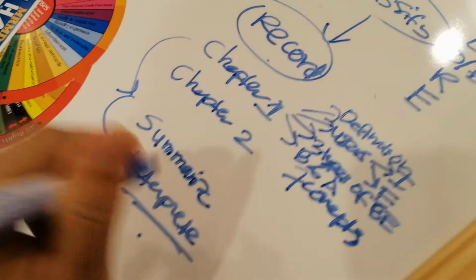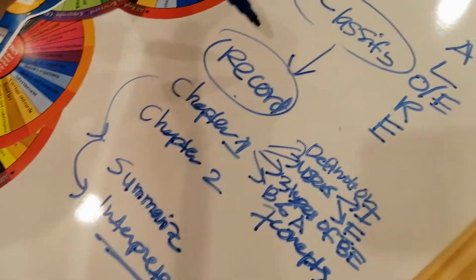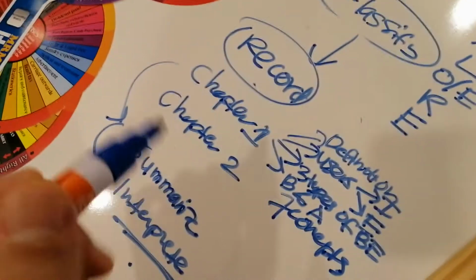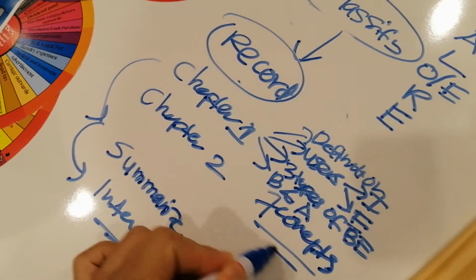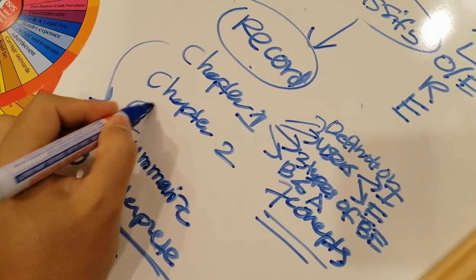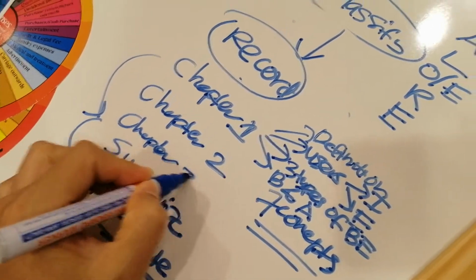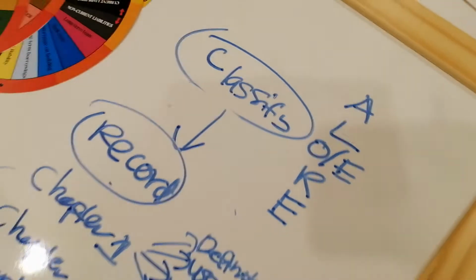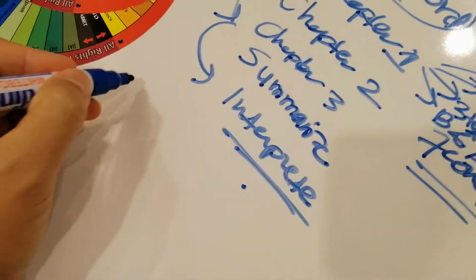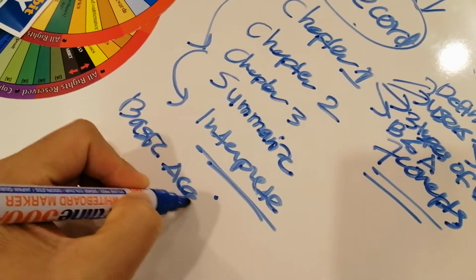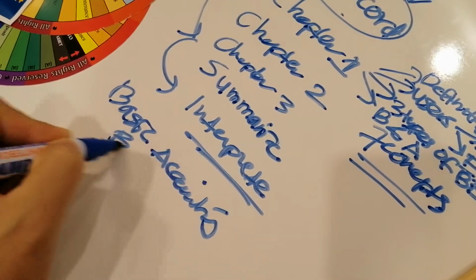So now we are going to discover this recording using this tool again. Chapter 2, remember 7 concepts. And chapter 3, I touched a little bit on these 5 things, and I showed you the basic accounting equation.